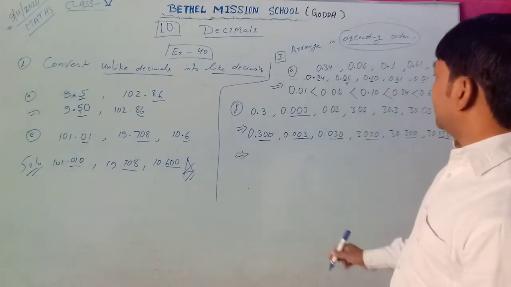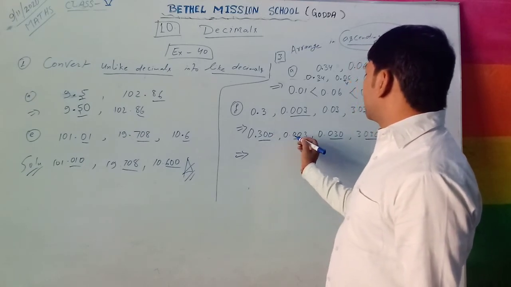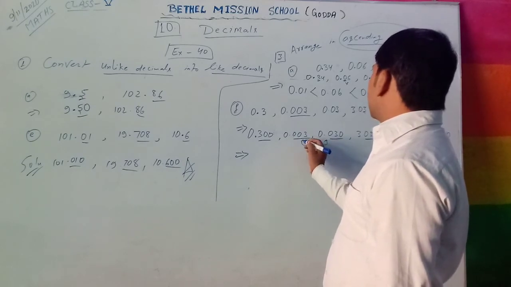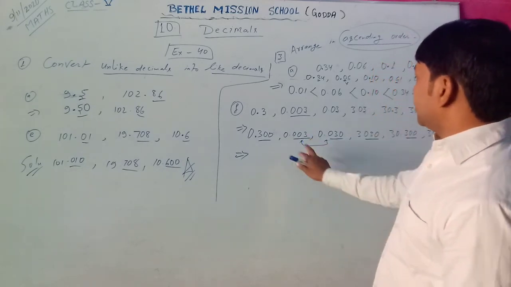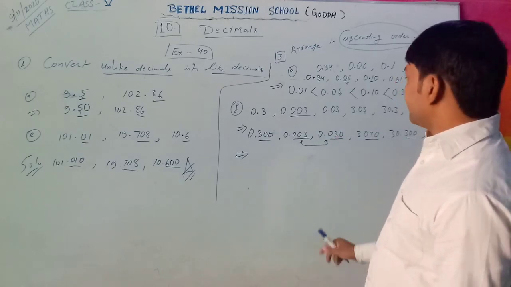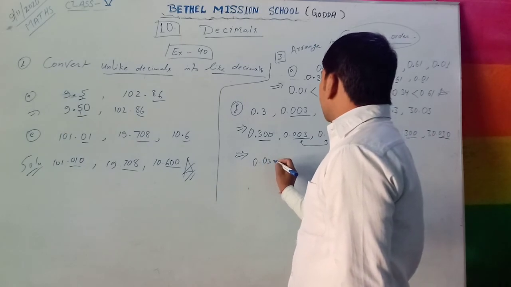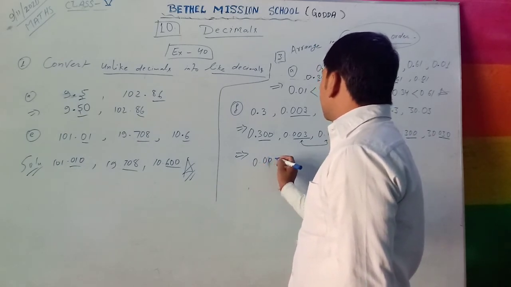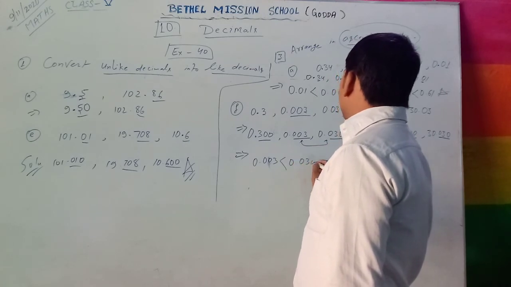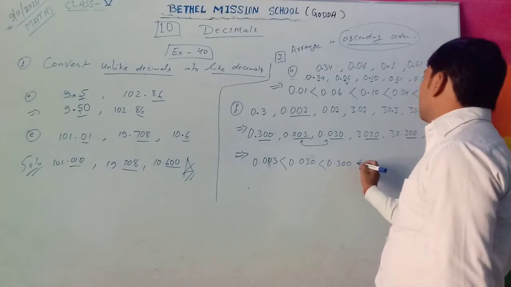Now find out. After the decimal, that is 3. After the decimal, that is 2. That is 0. These you have to consider to see which one is the smallest: 0.03 and here 0.30. It means this one is the smallest. 0.003, then this one 0.030, then this one 0.300.